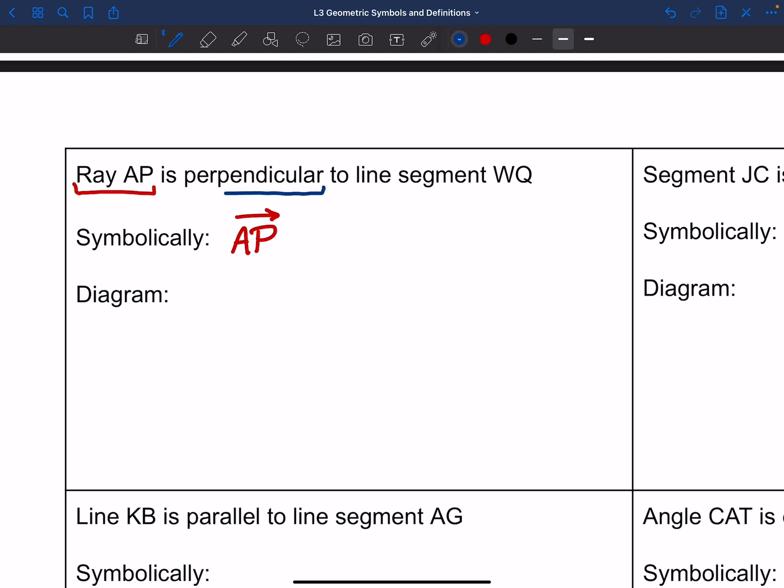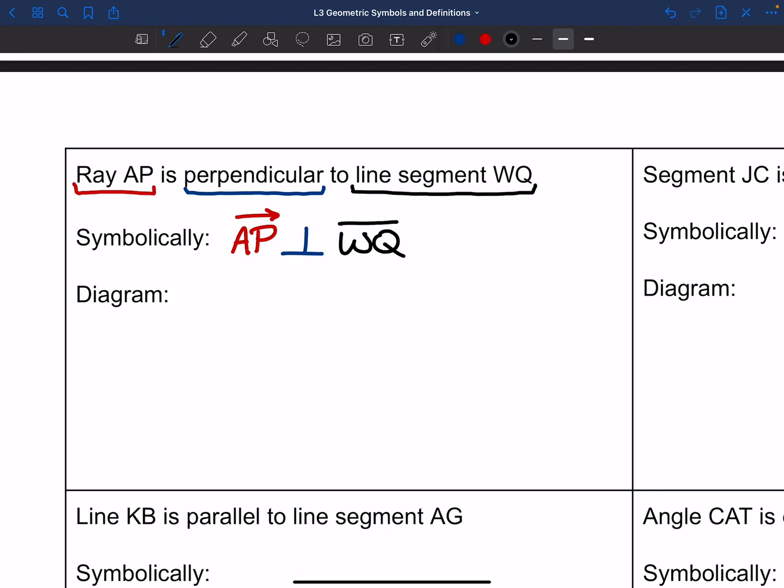The next piece is that it's perpendicular. When we're perpendicular, we do that upside down T, and that's all we need. And then line segment WQ, we're going to have W and Q. If it's a line segment, it stops at either end, it doesn't go on forever in either direction, so we just put a little line over it, and that's it.